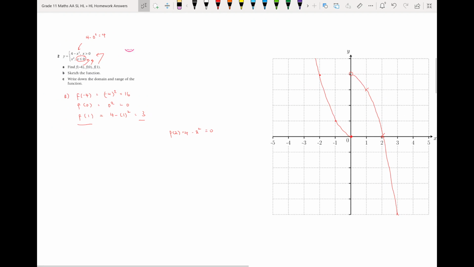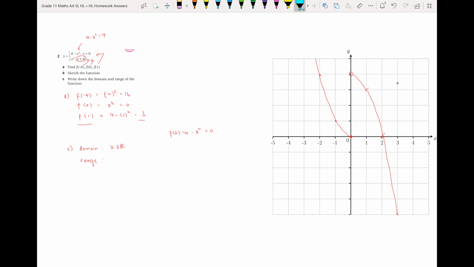The domain and range. If we look at the curve and also at the pieces that we are given, again, the domain will be spread across all real numbers because we have covered less than or equal to 0 as well as greater than 0. Whereas if you look at the range, from this part here, it covers everything.